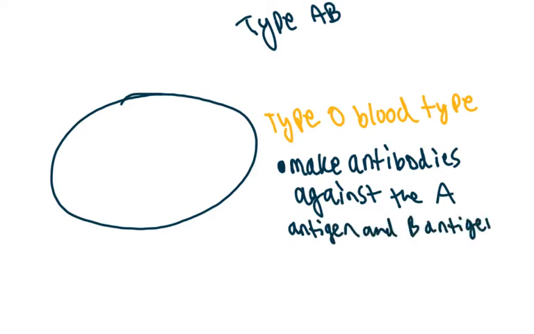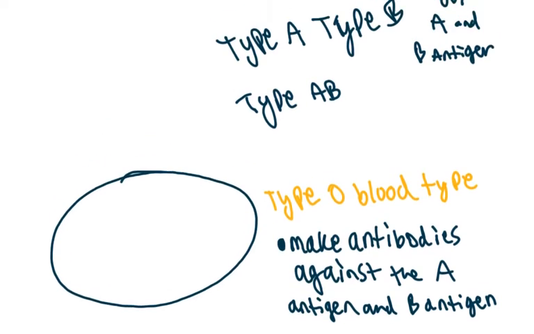Because if I'm type O blood, I don't have any A or B antigens, so I wouldn't want anyone with type A, type B, or type AB blood to transfer blood to me, because I don't have that antigen to accept that blood, which means I have antibodies against that blood. And if you transfuse blood to me that's not type O, then I'm screwed, right? My blood cells are going to start agglutinating and a huge immune response is going to occur. It's not going to be fun for me.